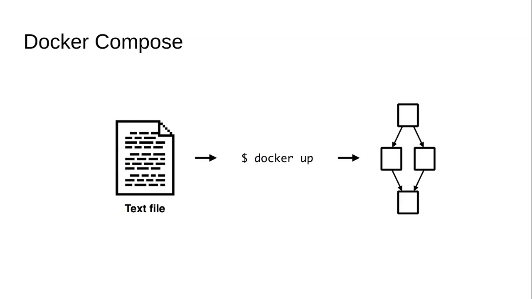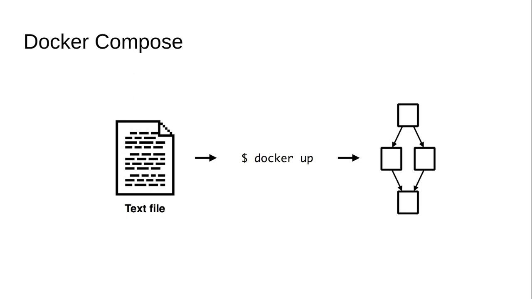Now, how will it work? For that we have to provide one YAML file. What is this YAML file? We'll talk about it in a while. This YAML file is something like a configuration file, in which we provide all the details about multiple services.